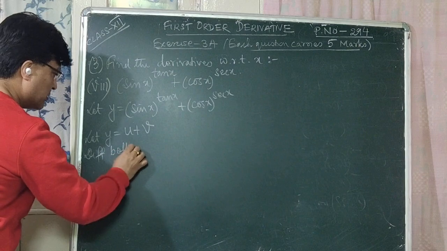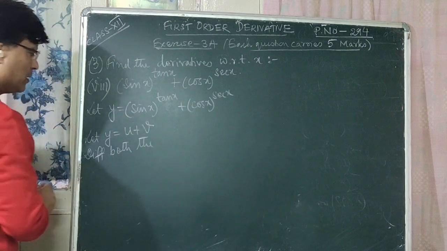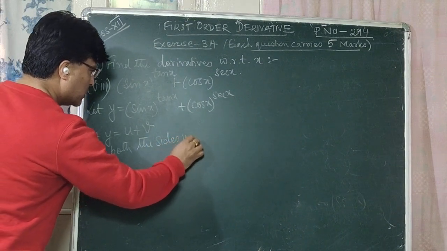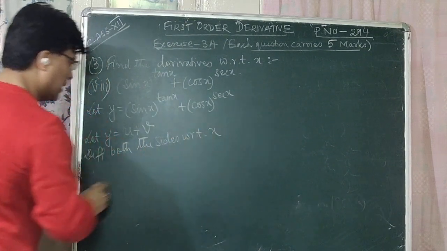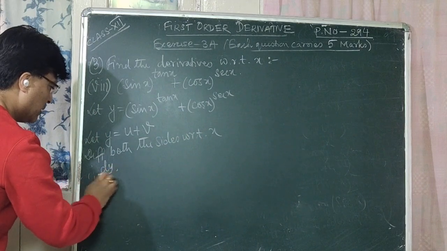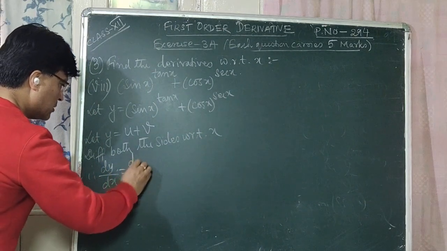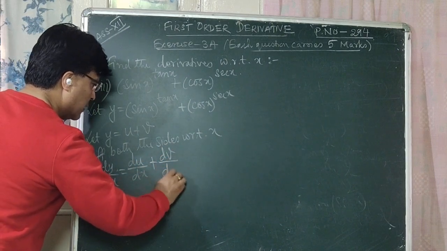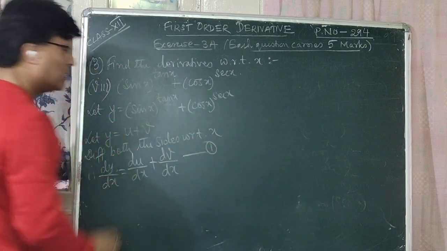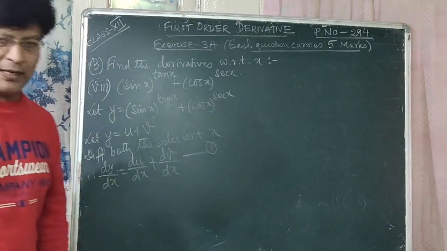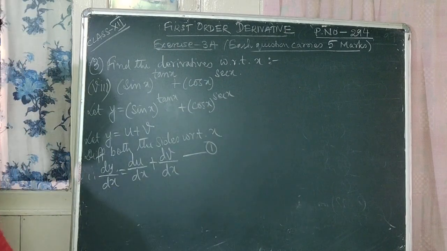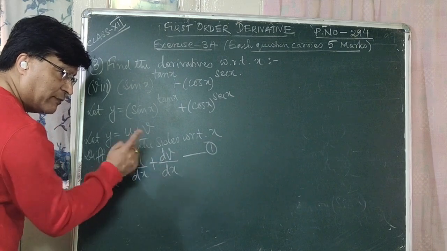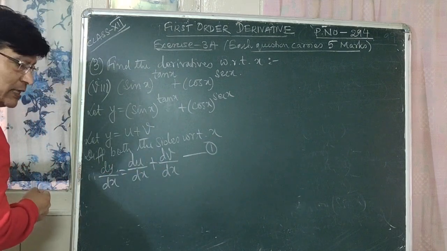Differentiating both the sides with respect to x, therefore dy by dx is equal to du by dx plus dv by dx. Let us mark it number 1. Now we have to get the individual values of du by dx and dv by dx and put them in number 1 to get the value for dy by dx.